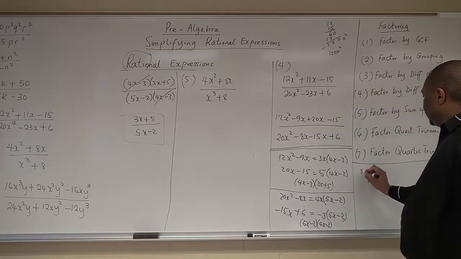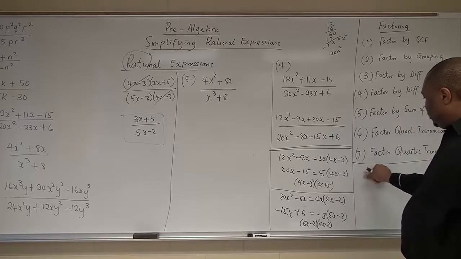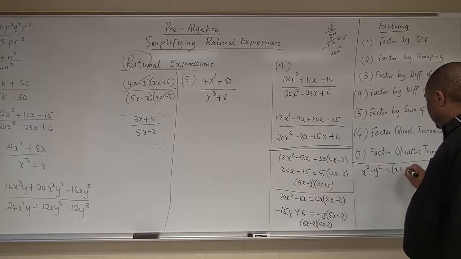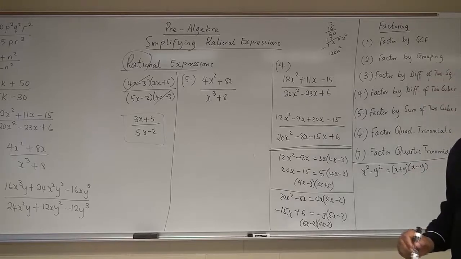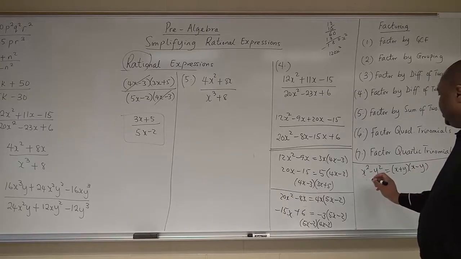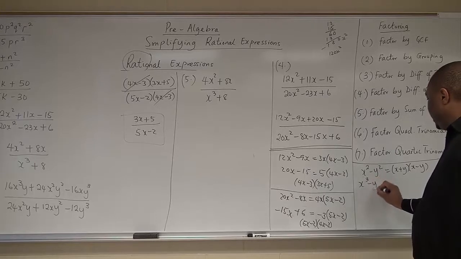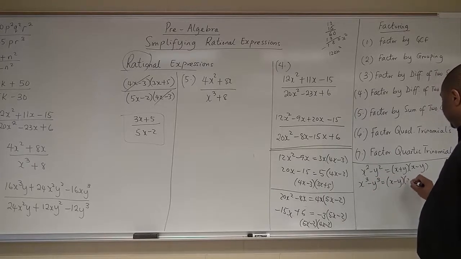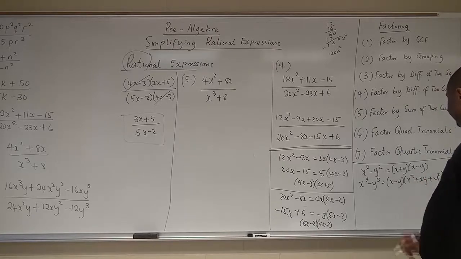Difference of 2 squares: x squared minus y squared is the product of their sum and their difference. Difference of 2 cubes: x cubed minus y cubed is x minus y times x squared plus xy plus y squared.